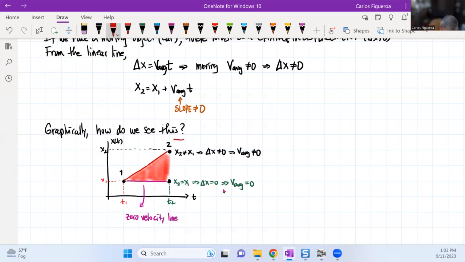So this is the non-zero velocity line. I am moving at a constant velocity because the slope is constant.